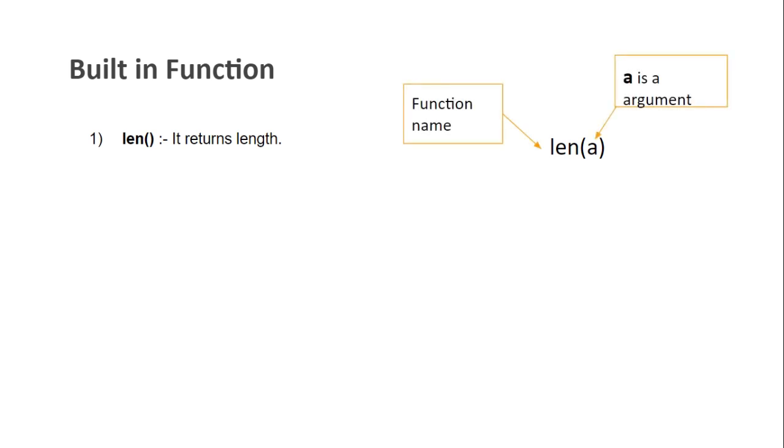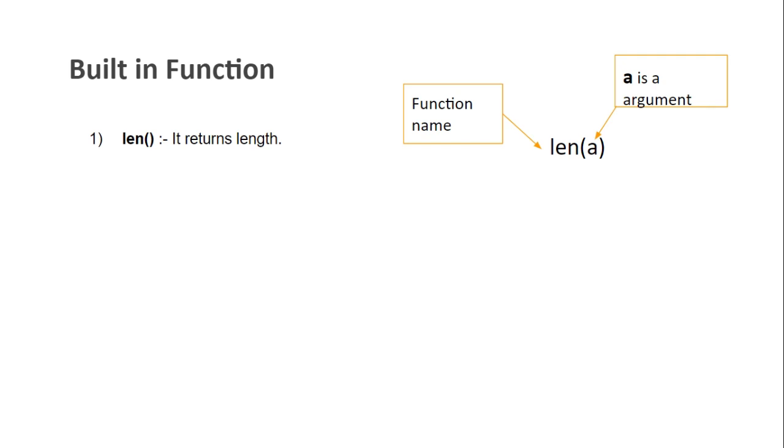So first one is length. As we have seen this in our earlier videos, what it does, it simply returns length of variable or string or list, etc. So here len is a function name and a within parenthesis is an argument. So yes, arguments are there in both built-in and user-defined functions.